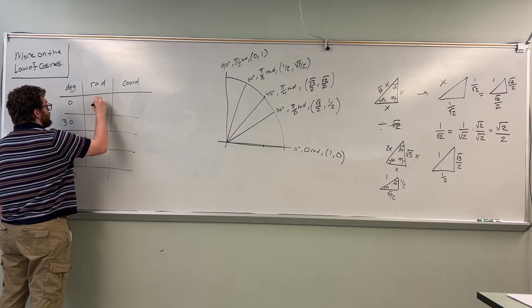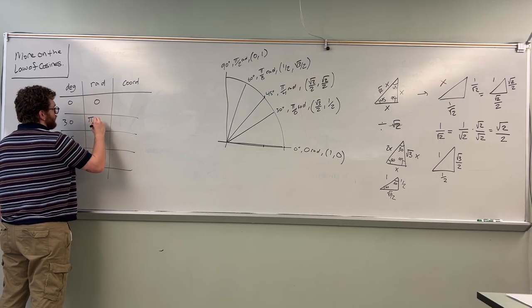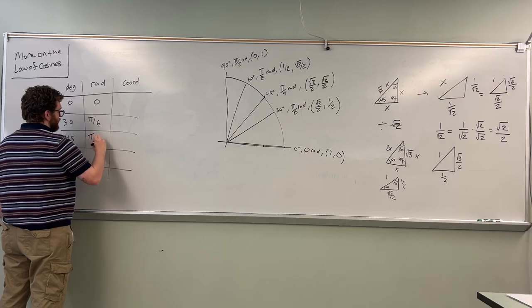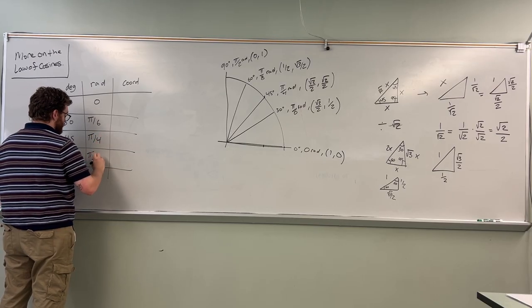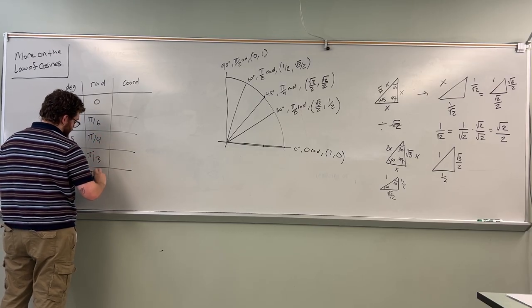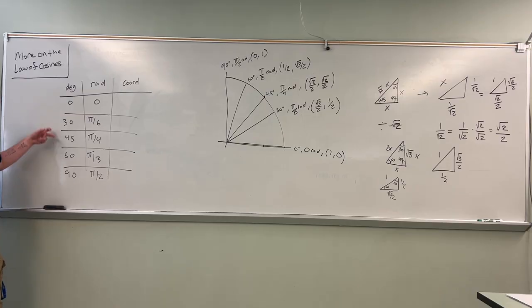I go 0, pi over 6, pi over 4, pi over 3, pi over 2. We skip pi over 5 because it doesn't actually have really nice identities at all.